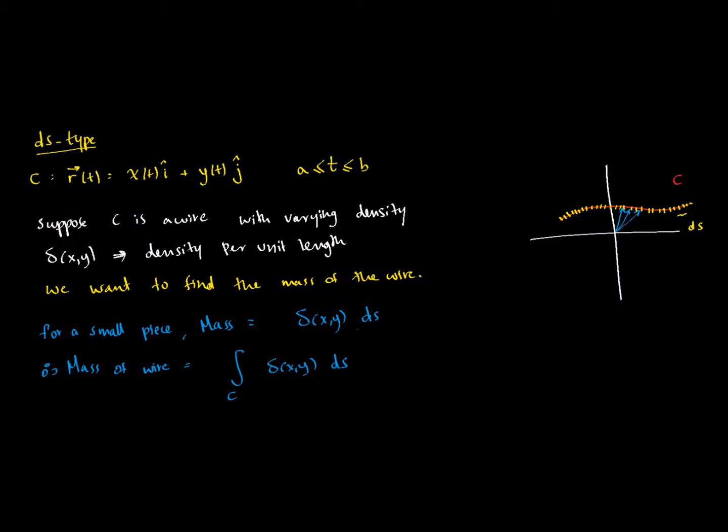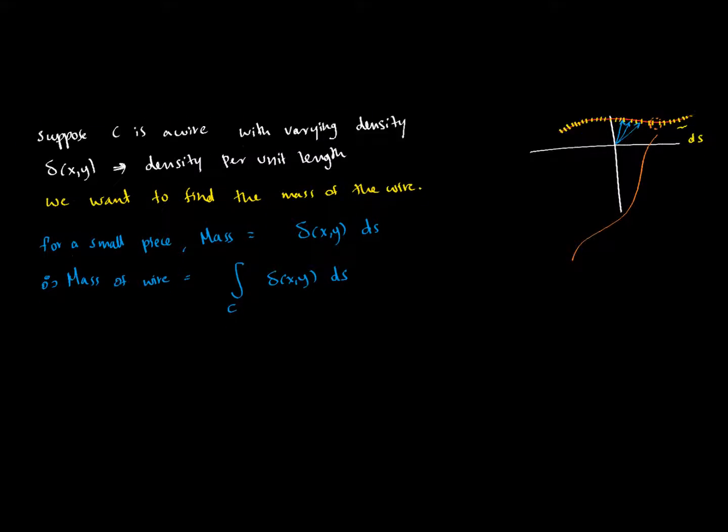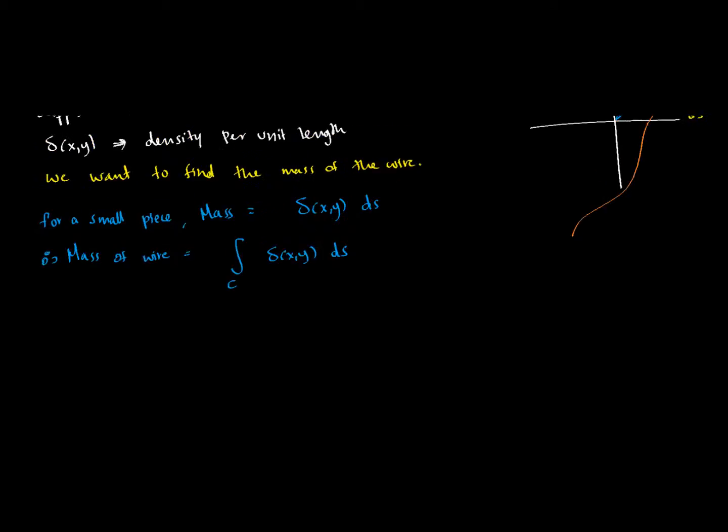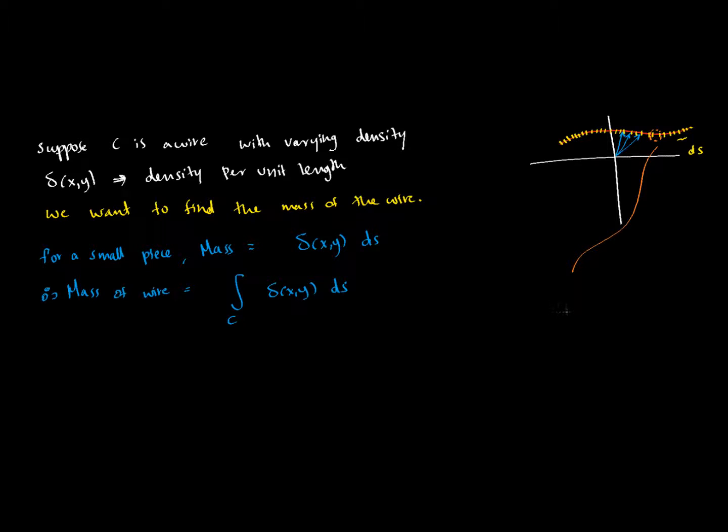Okay, so let's take a closer look at one of these small parts. So I took a small piece, it's called ds here. If this is ds, then this over here is dx, and this is dy.